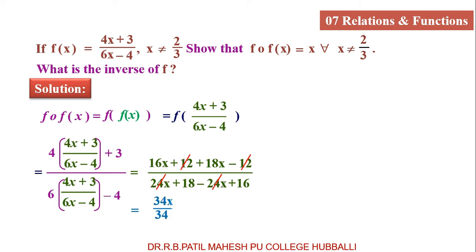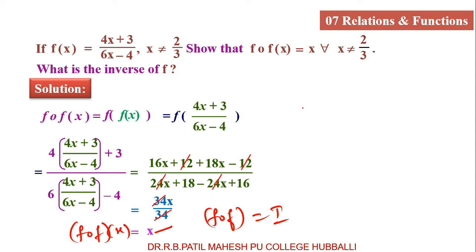The remaining term in the numerator is 34x: 16x plus 18x is 34x, and 18 plus 16 is 34. So 34 and 34 will get cancelled now. We are left with only x. So I proved that f composition f of x is equal to x. Is it nothing but f composition f is an identity function? Definitely this is an identity function.